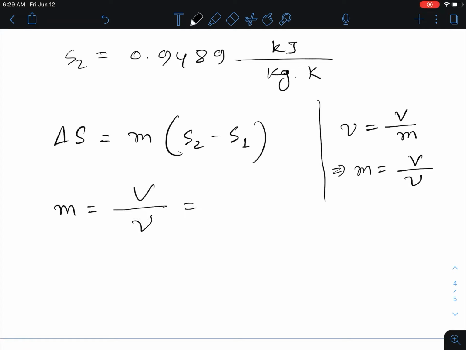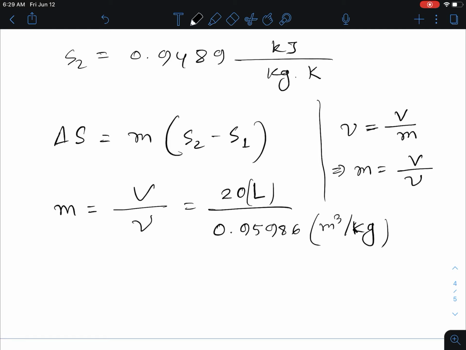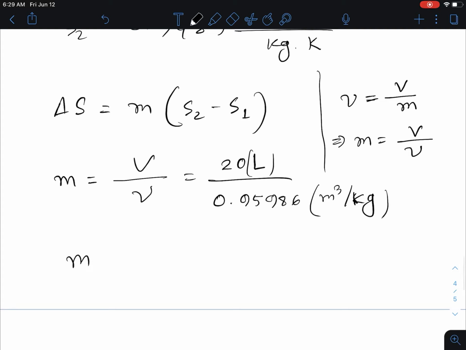The volume of the actual system is 20 liter, right? And the specific volume for both cases is 0.95986 meter cube per kg. The challenge is that here is the liter and here is the meter cube, so we have to convert that.